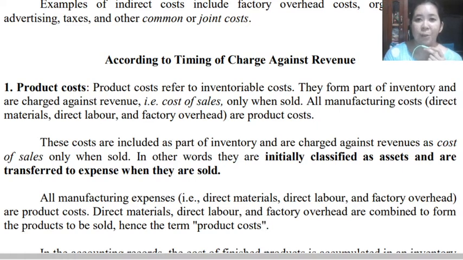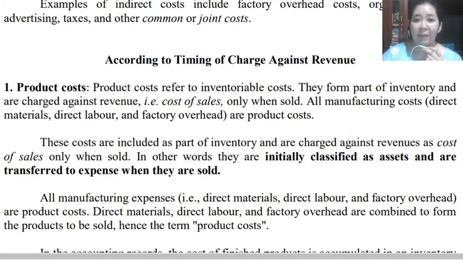While those expenses which do not have future benefits, we will classify them and recognize them as expense immediately.